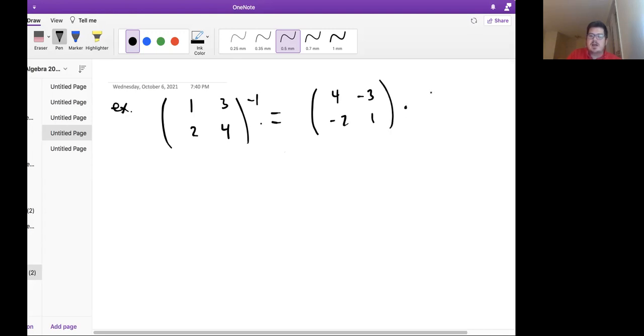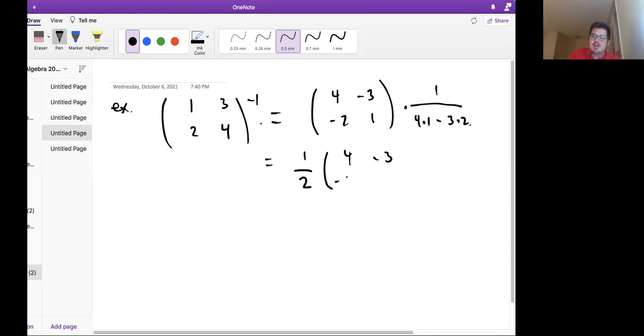Then we multiply by 1 over this determinant, so it's 4 times 1 minus 3 times 2. So this is 8 minus 6 here. So this is 1/2 times 4, -3, -2.